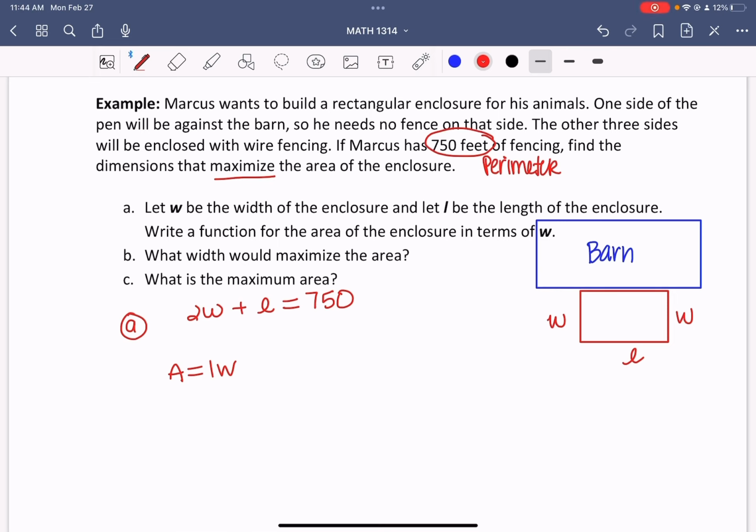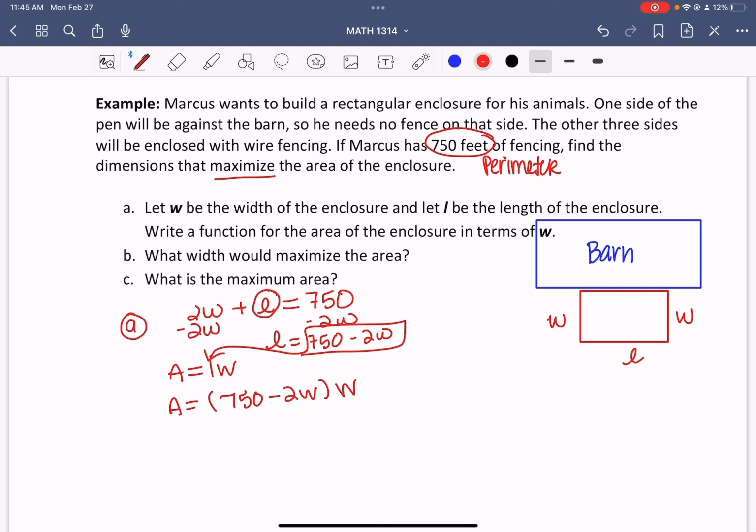L looks like a good variable to solve for because it's already by itself right here. So I'm just going to subtract 2W from both sides, and that gives me my length is equal to 750 minus 2W. So I'm going to take that information and I'm going to sub it in over here to area. So area would be equal to, instead of L, I'm going to say 750 minus 2W times W.